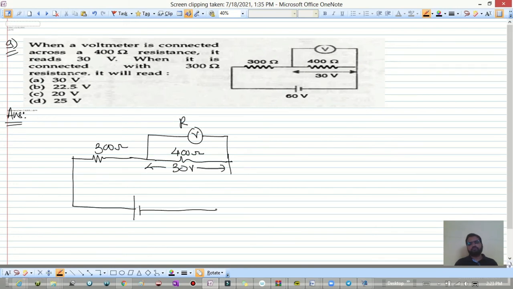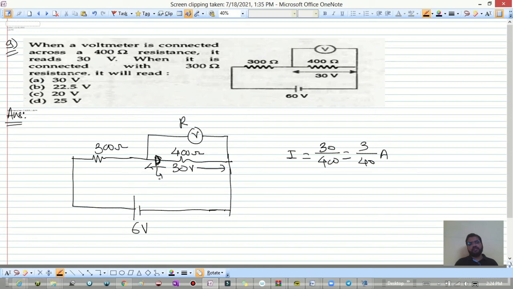Okay, so see here, as this is 30 volt, what is the current flowing through this? Current flowing through this is 30 volt divided by the resistance. So we have current is equal to 30 divided by 400, which is 3 divided by 40 ampere.